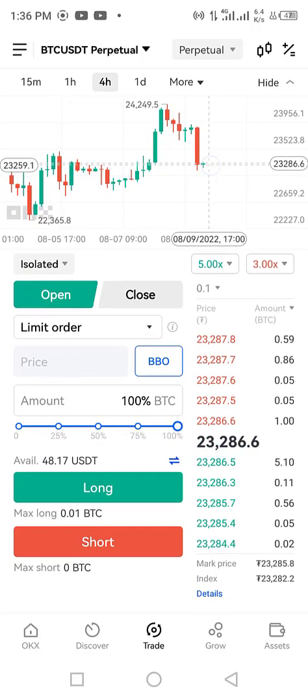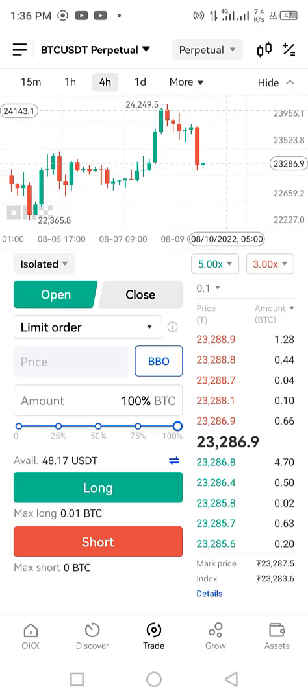Let's say, for example, I believe that this market is going to move to the upside. That means from here to the upside, and BTC is going to increase in relation to USDT using BTC USDT perpetual futures contract. All I need to do is, first of all, I have to do my analysis and ensure that the direction I am predicting is right.